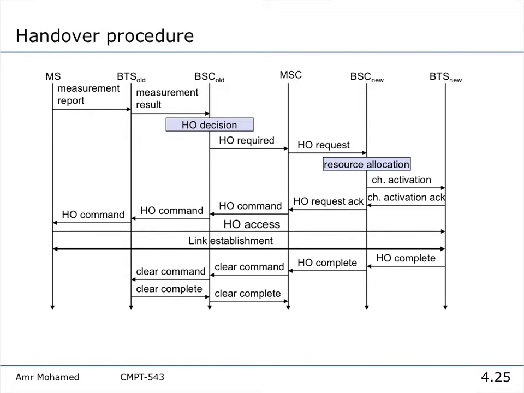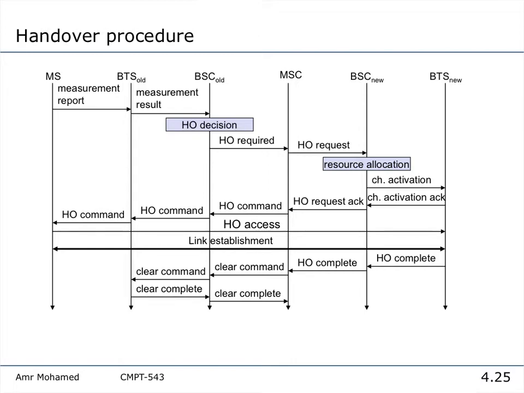So the MSC here will send a clear command to clear the resources from the old BSC and from the old PTS, which means that now these physical time slots are free for allocation in the future.